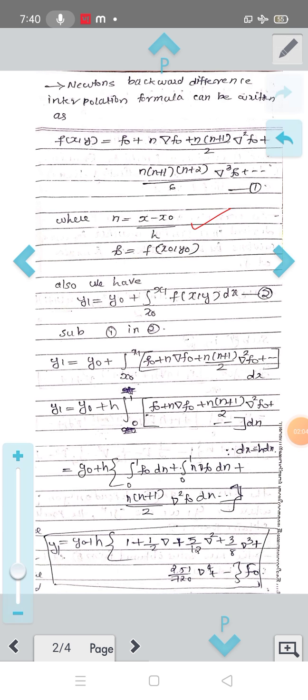And also we have this equation y1 equal to y0 plus integral from x0 to x1 f of x, y dx, equation 2. By using these two, we are going to derive the predictor formula.